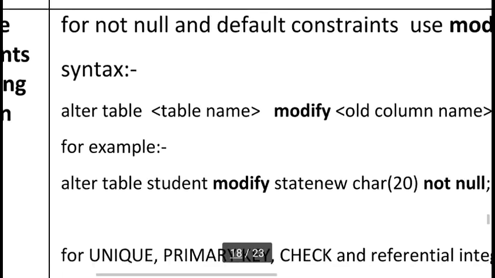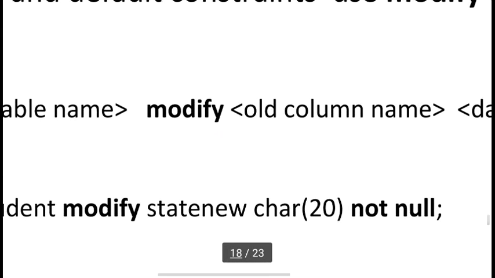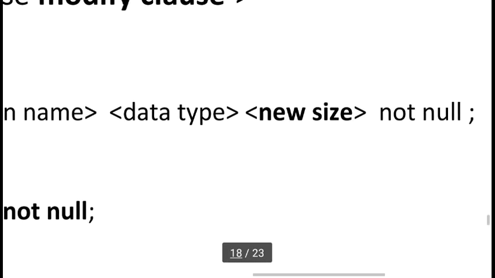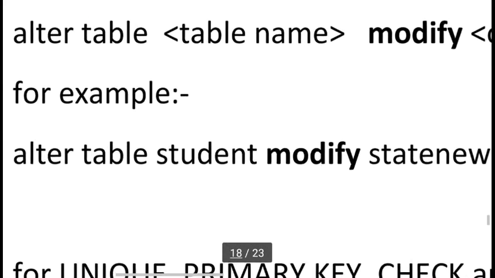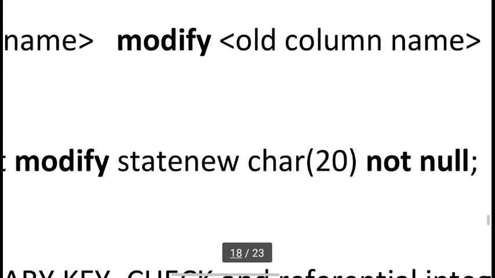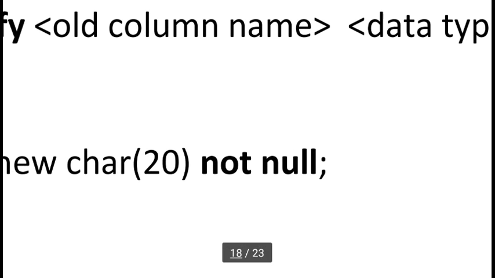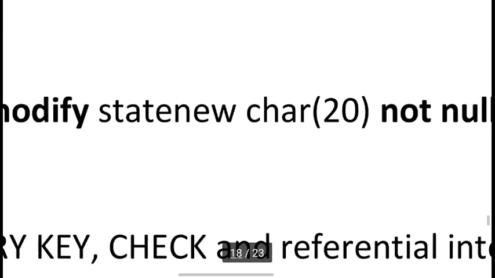So you can see ALTER TABLE table name MODIFY old column name, data type, new size and NOT NULL. For example: ALTER TABLE student MODIFY state_new CHAR 20, and here the constraint is NOT NULL, so we can also include the NOT NULL constraint.